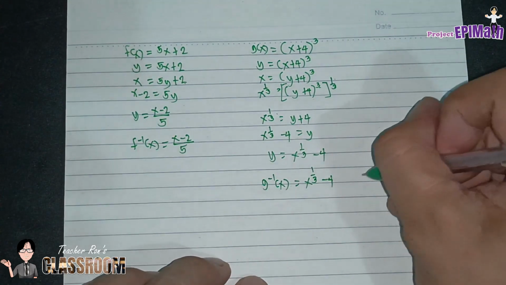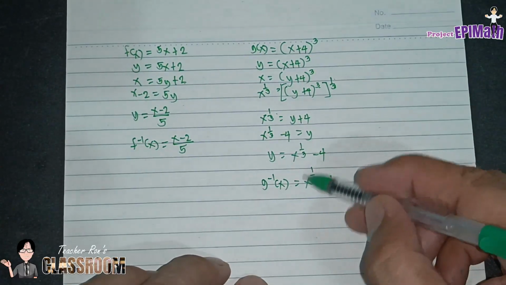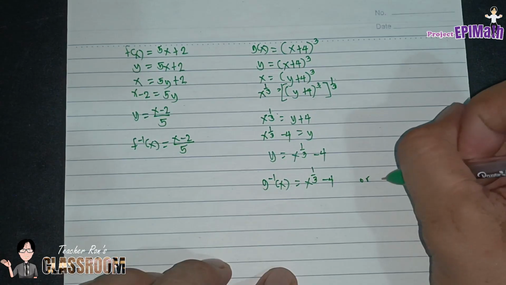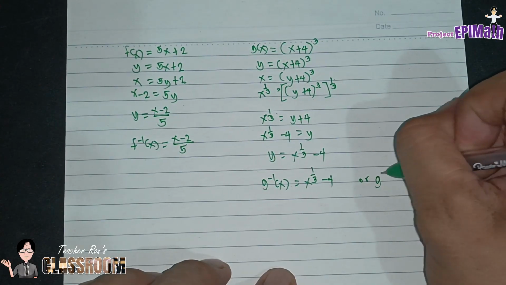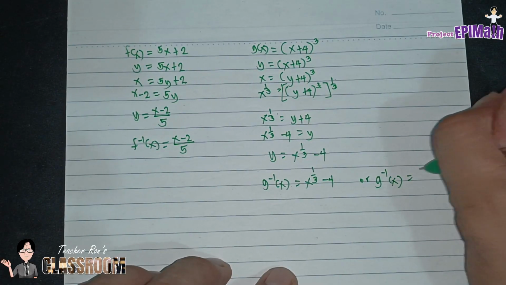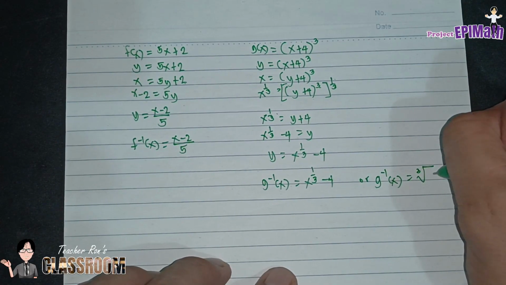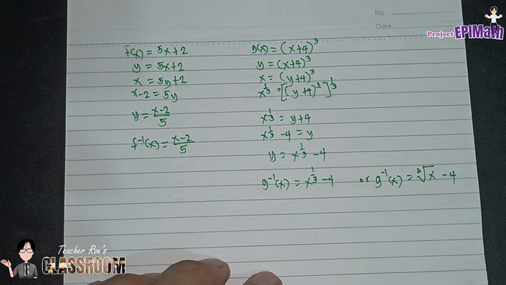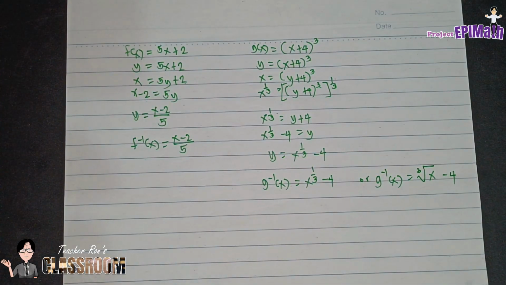Or we can write this as radicals. So the equivalent of that, we have the inverse of g of x is equal to x raised to 1/3 is the same as the cube root of x, and then minus 4. Okay, yeah, that's it for example number 2.